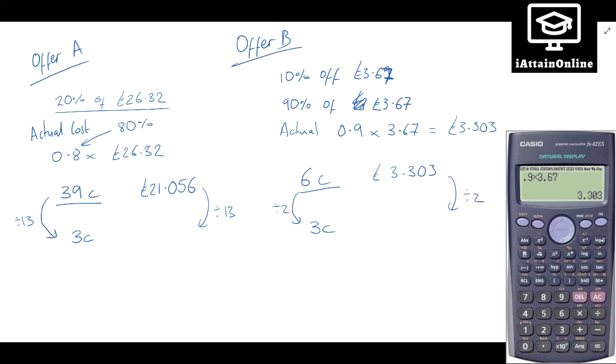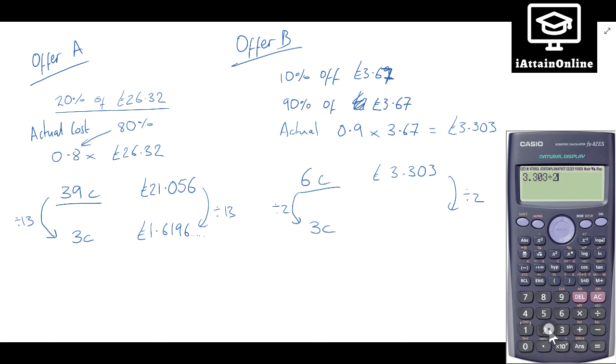So if I clear the calculator and do 21.056, divide that by 13 to find the cost of 3 croissants. That's going to be 1.6196, and I'll just leave that there. And then the second one, offer B, £3.303.